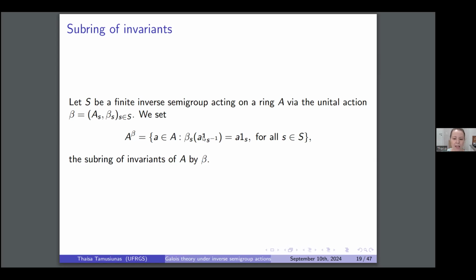When we apply beta_s on this element, it is a multiplied by 1_s, and 1_s is the idempotent that generates the ideal indexed by s. And this has a structure of subring and is called the subring of invariants.